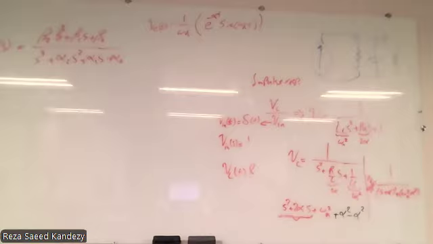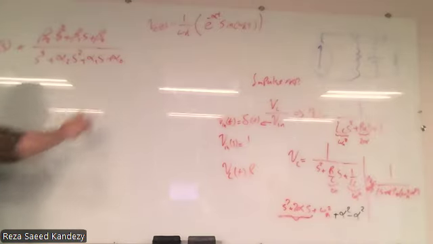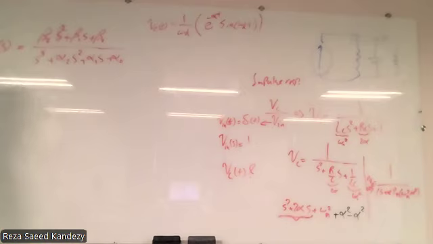Now, please note that in the denominator, I have a standard form. It's a very popular method that whatever equation you have in the denominator, make it a standard form, so the highest order coefficient is 1.